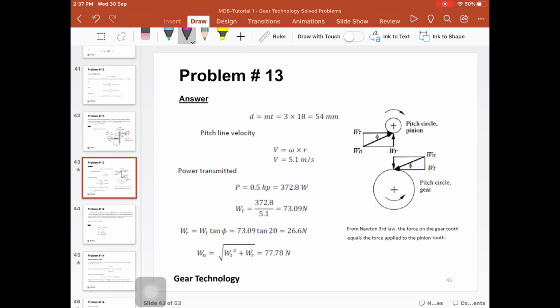These two circles are the pitch circles for both pinion and gear, and because the pinion is the driver, Wt here is in the opposite direction, and the Wr is the separating force.